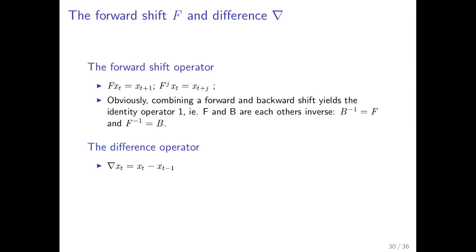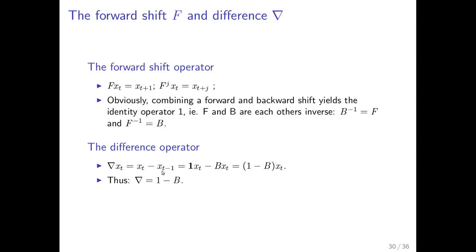Another operator that we will use a lot is the difference operator. You've all applied a diff operator on a sequence of elements, and what you expect to get out is one element minus the previous element. That's the same thing here. It's xt minus xt minus 1.